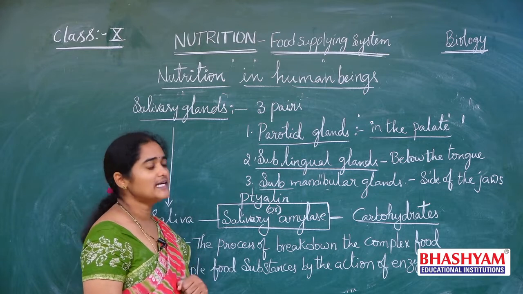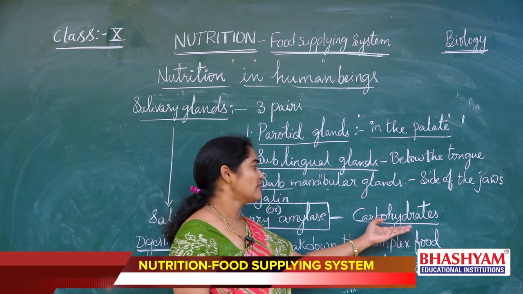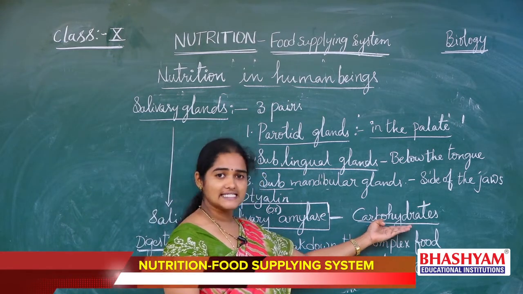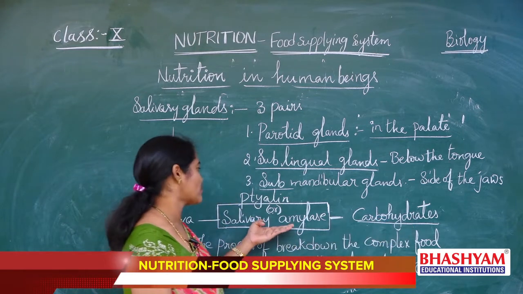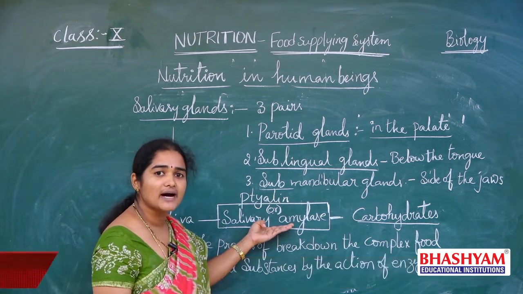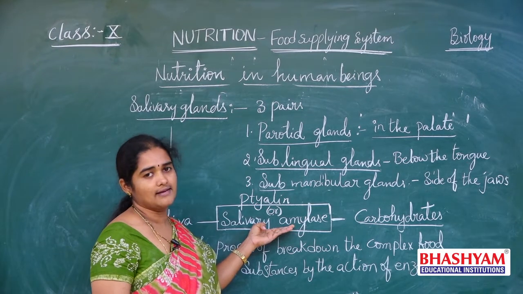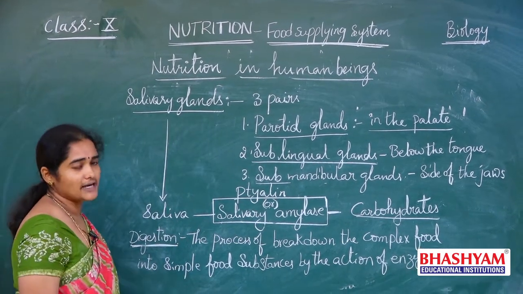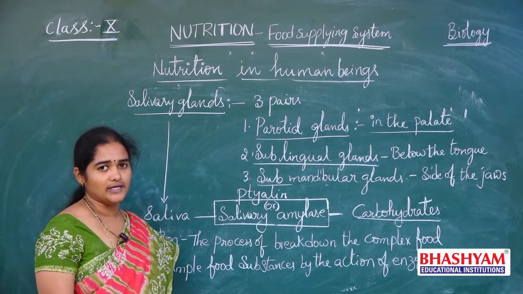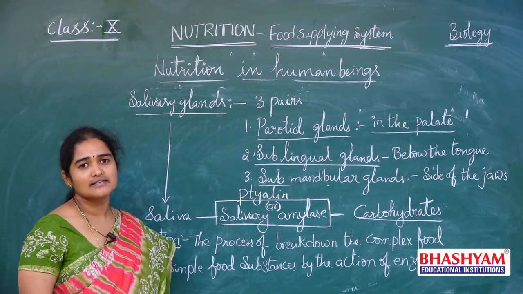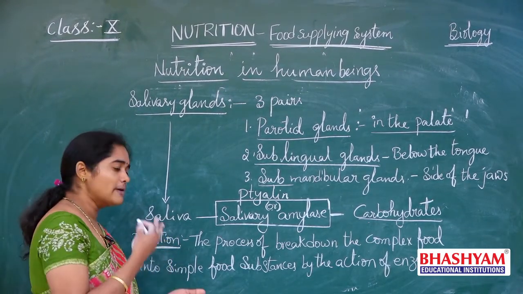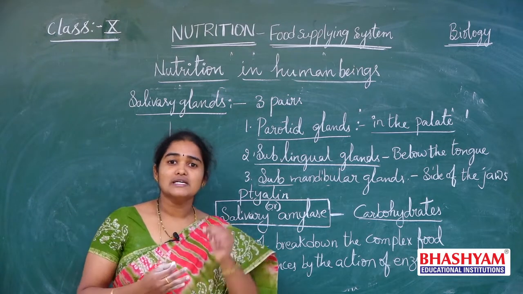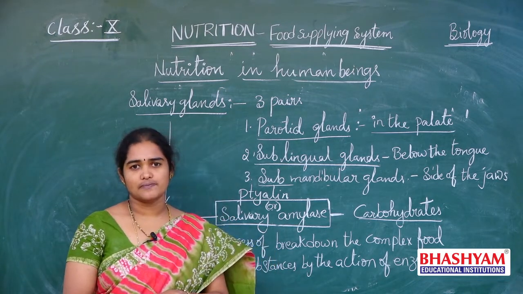One of the important enzymes which is helpful for the breakdown or the digestion of the carbohydrates is called salivary amylase or ptyalin. Understand? And here with the help of enzymes, whatever component is taken into our digestive system will be broken down into simpler molecules. Understand?